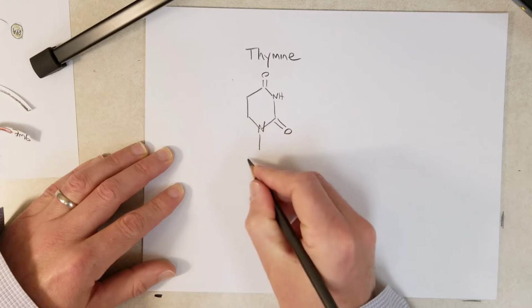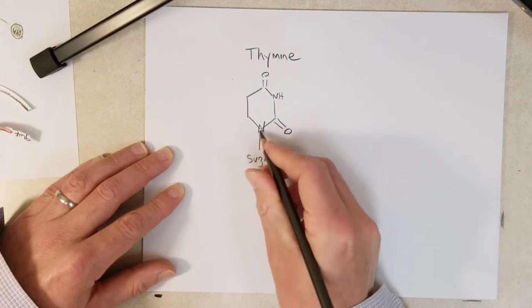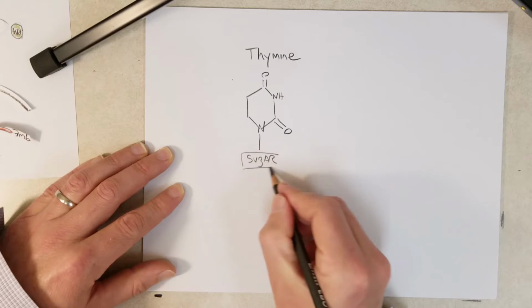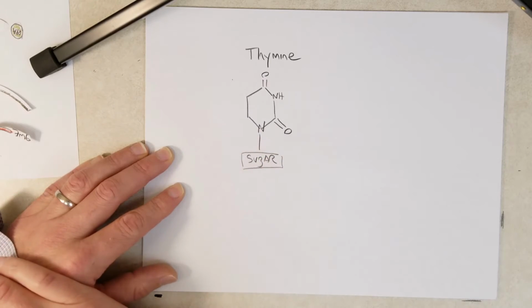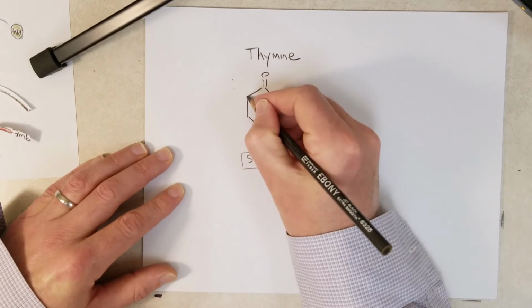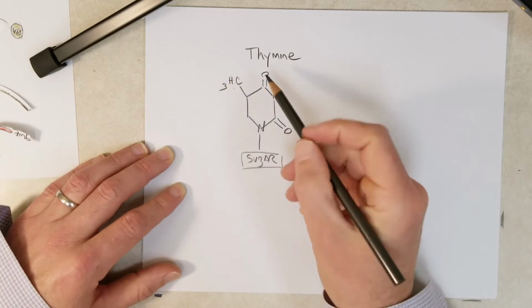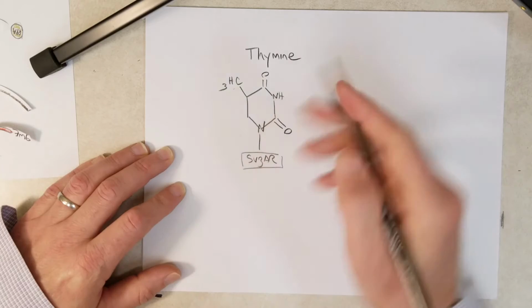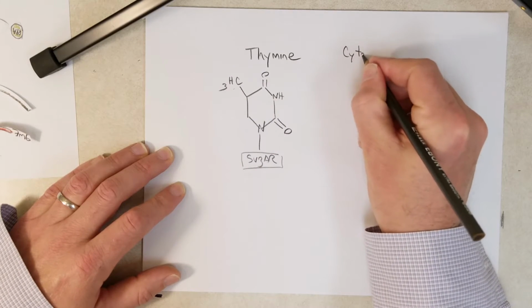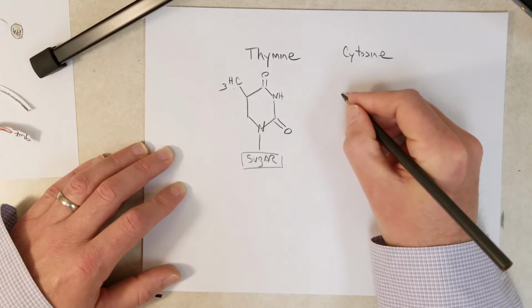There's an N there, and this is the N that links to the sugar, the glycosidic bond to the sugar. And there's a methyl group right here. So this is the structure of thymine, and let's take a look at the structure of cytosine too.